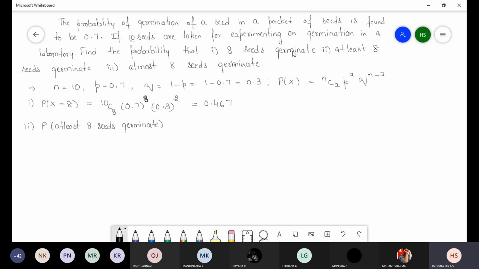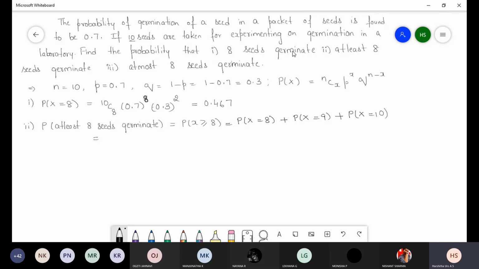Next, at least 8 seeds germinate. Here also, at least means P of x, it may be greater than or equal to 8. So P of x equal to 8 plus P of x equal to 9 plus P of x equal to 10.